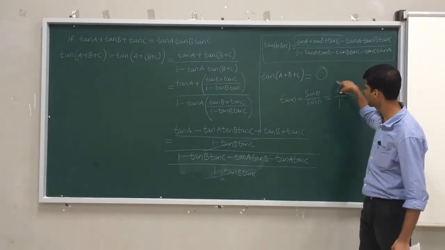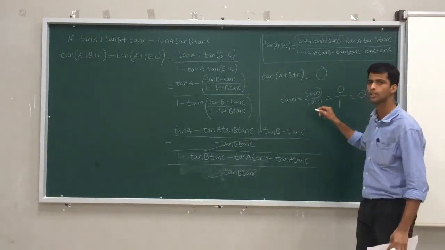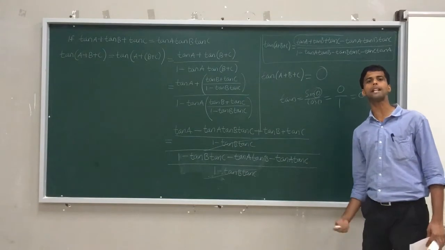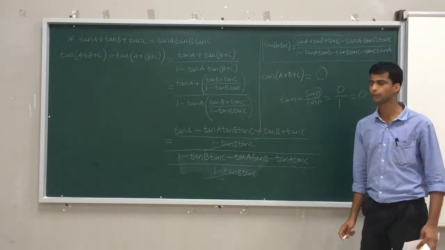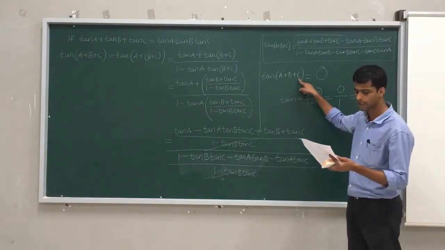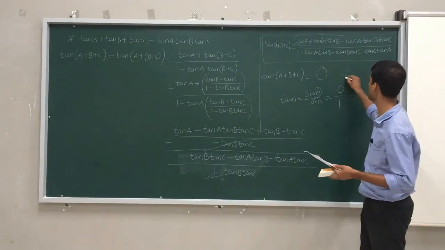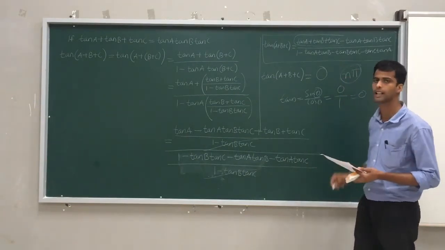Because of the 0 of sin, tan becomes 0, and sin is 0 for any multiple of pi. Therefore I can say option C, that A plus B plus C must be an integral multiple of pi. Integral multiple of pi means n pi. I told this in my regular class.